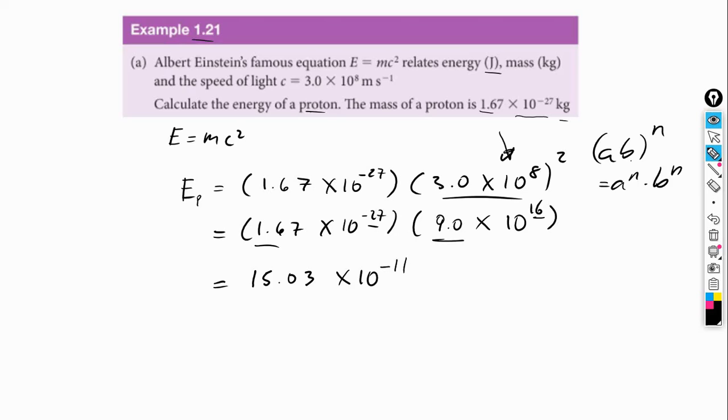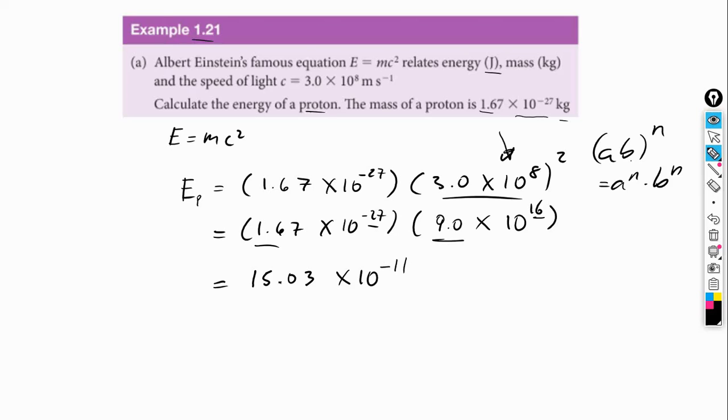But this is not the right answer yet, because notice that we have 15.03, and scientific notation says that we have to have only one digit before the decimal point, and the digit has to be greater than 0. So we would have to write this differently.